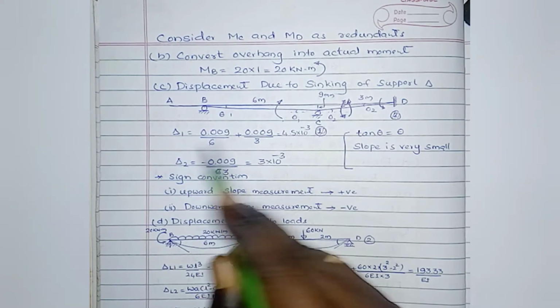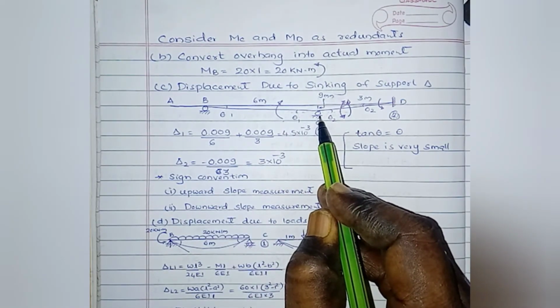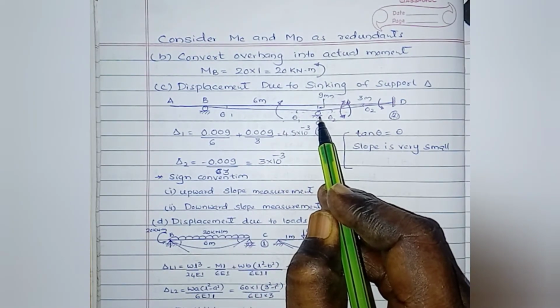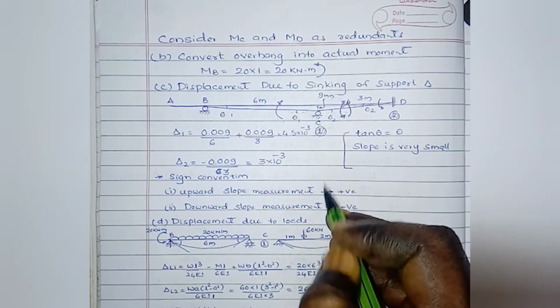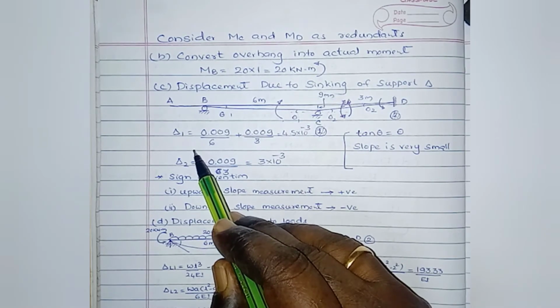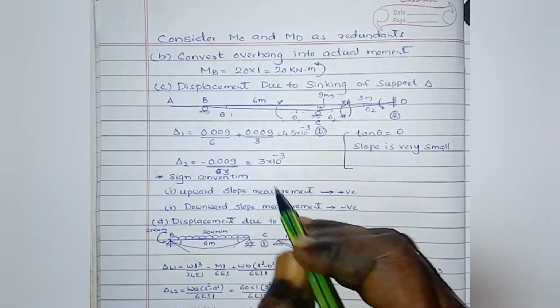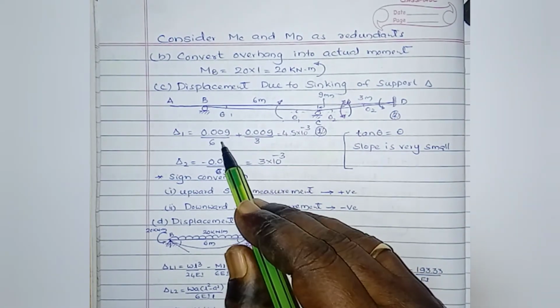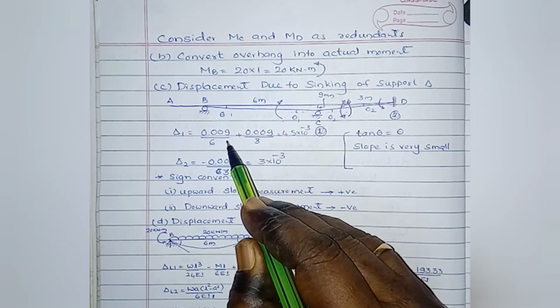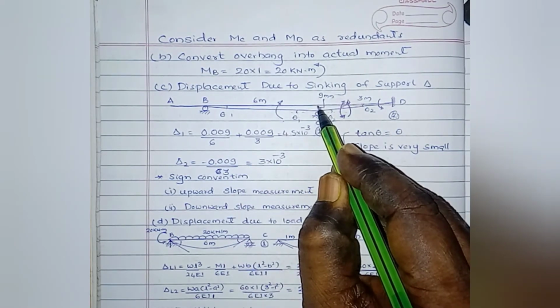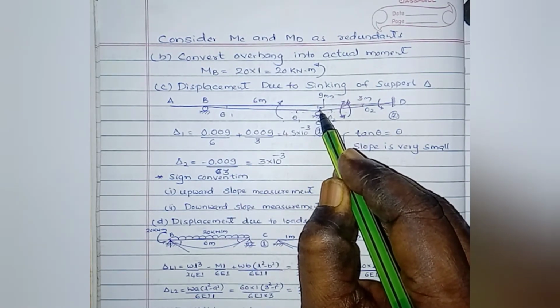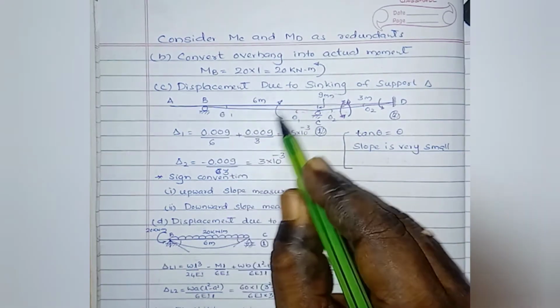Then here delta 1, here we have considered MB and MC as the redundants. Here delta 1 equals, that is, 0.009. This one is 9 millimeter, this one is 6 meter.